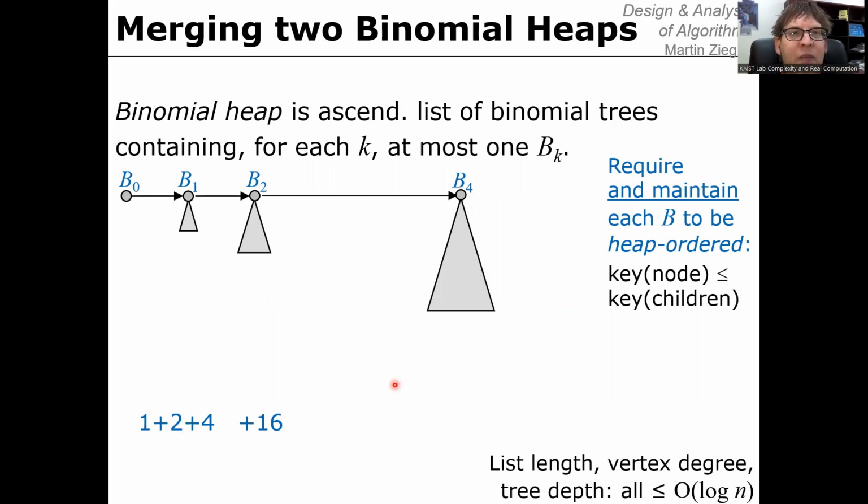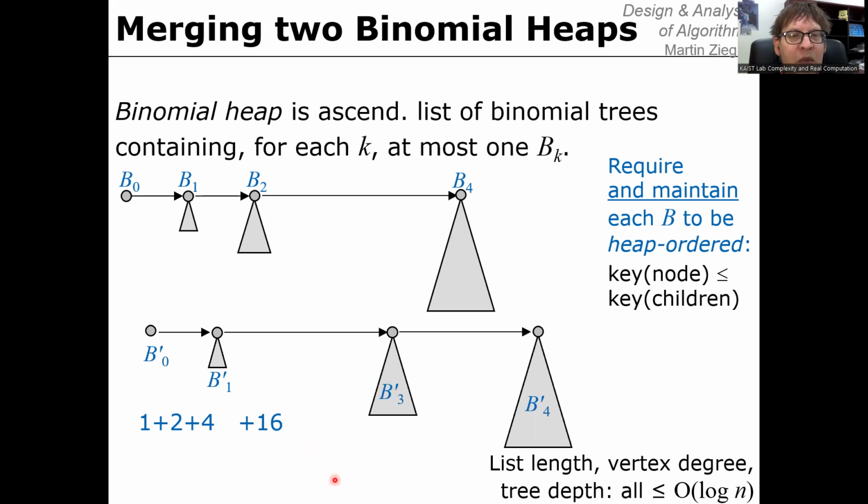And now to illustrate how to merge this binomial heap with another binomial heap, consider for the sake of example a binomial heap with 27 elements. The binary expansion of 27 goes 1, 1, 0, 1, 1. So this corresponds to a collection of binomial trees in a binomial heap, and to this binary expansion, which evaluates to 27, as you can calculate.